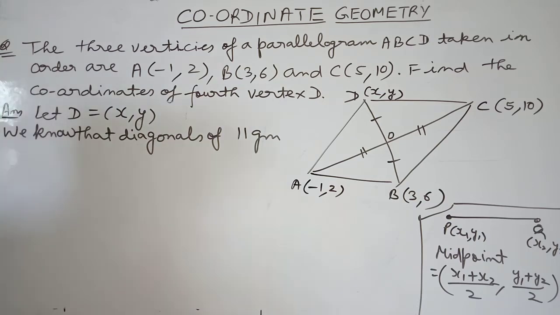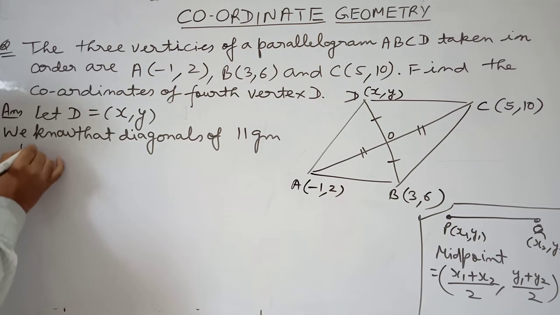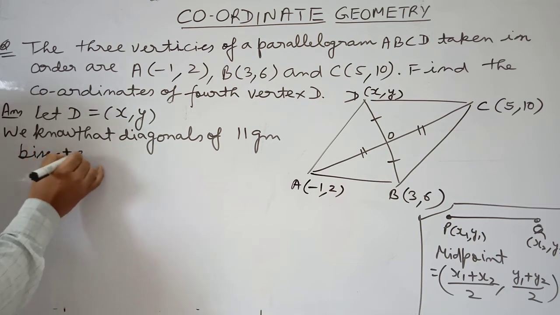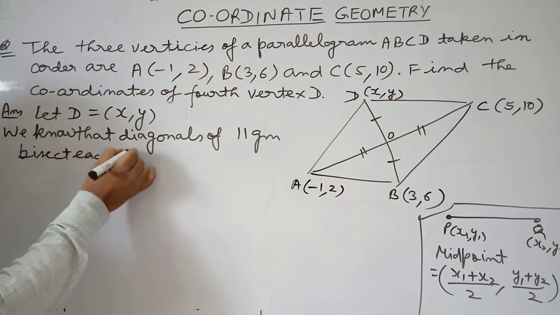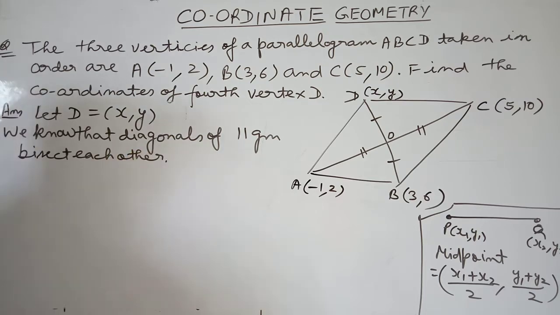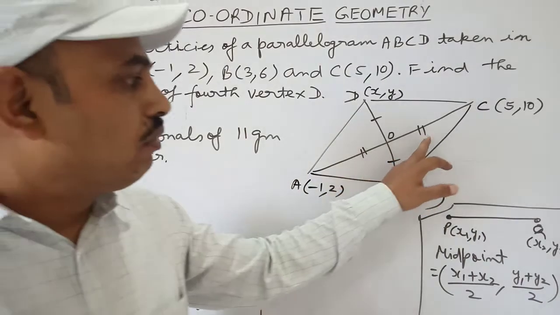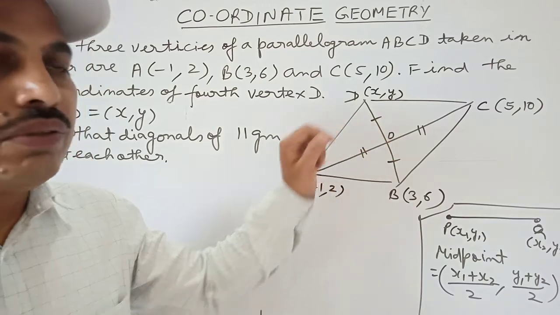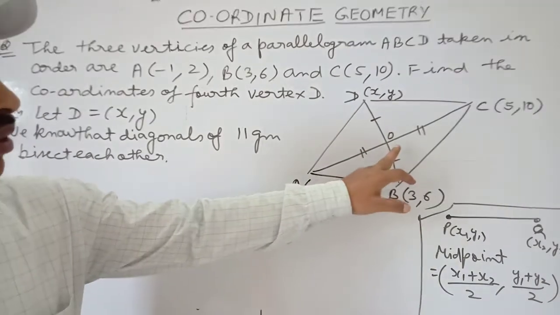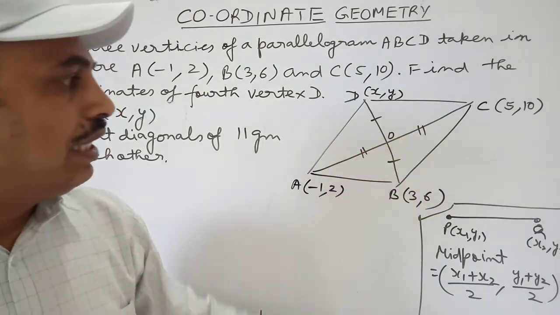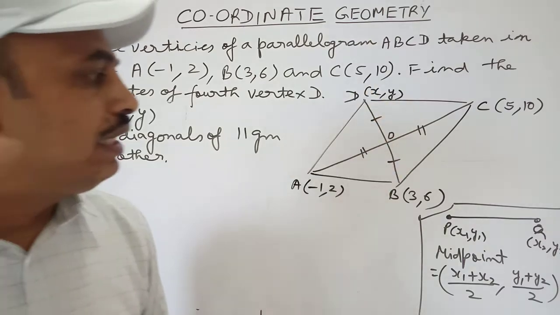We know that diagonals of parallelogram bisect each other. This means OA equal to OC and OB equal to OD. So O is midpoint of AC and O is midpoint of BD.